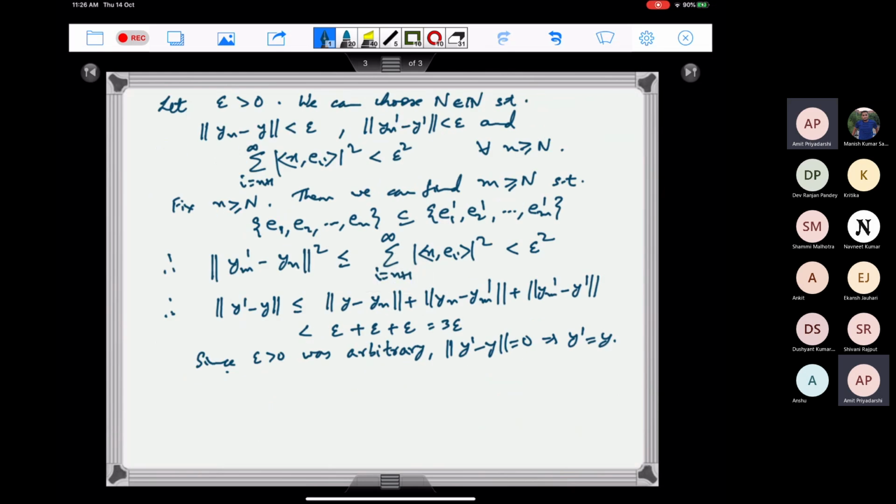So therefore the conclusion is that we can define the summation of (x, e_i) e_i, i belonging to capital I, unambiguously.